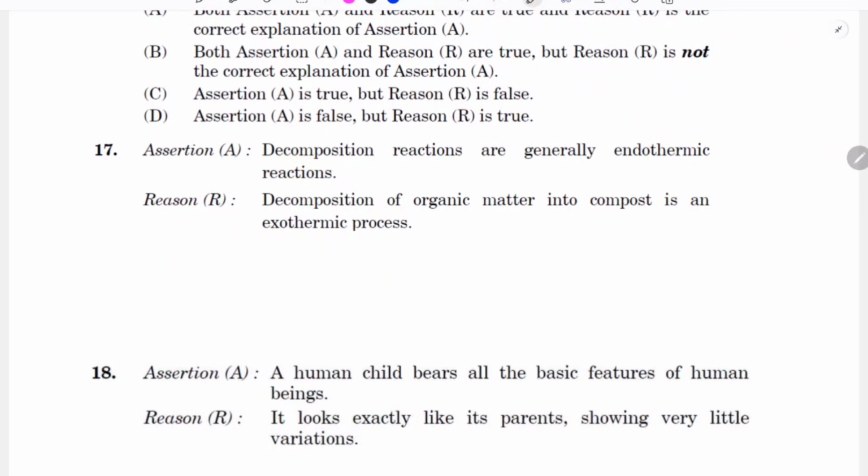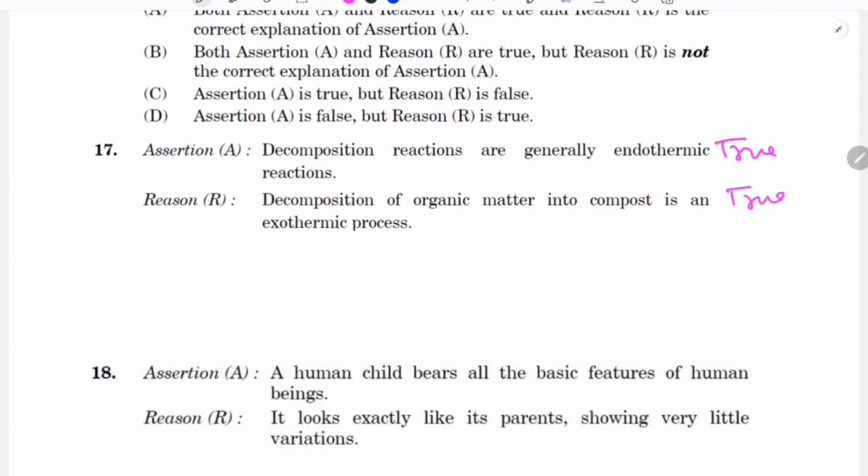Assertion A: Decomposition reactions are generally endothermic reactions. You should know whether this is true or not first. Then reason R: Decomposition of organic matter into compost is an exothermic process. So in this case both assertion and reason are conceptually true.